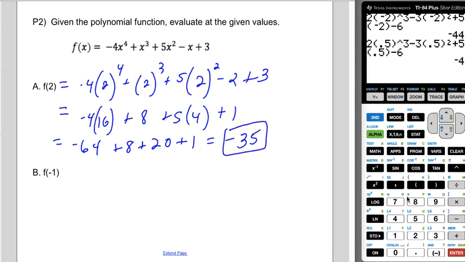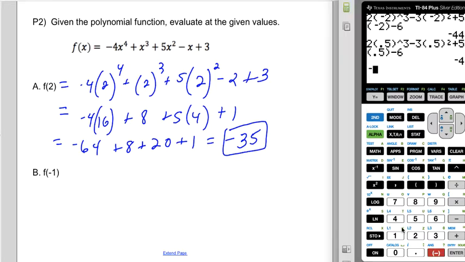Now again, if you want to put that in your calculator, you certainly could, right? So this is negative 4, I have a 2 to the 4th, plus a, and there's a reason that I'm typing this in.